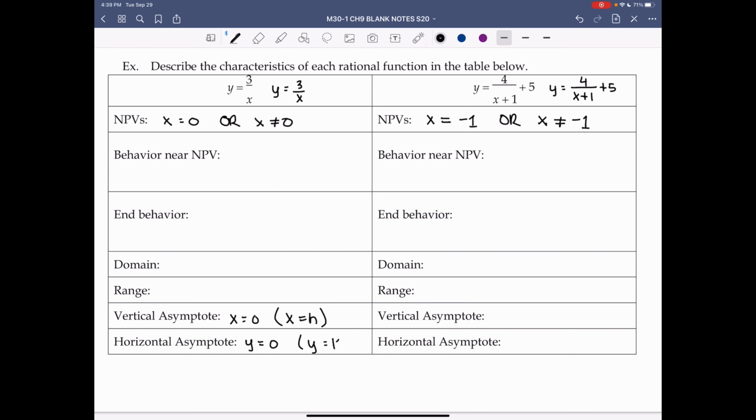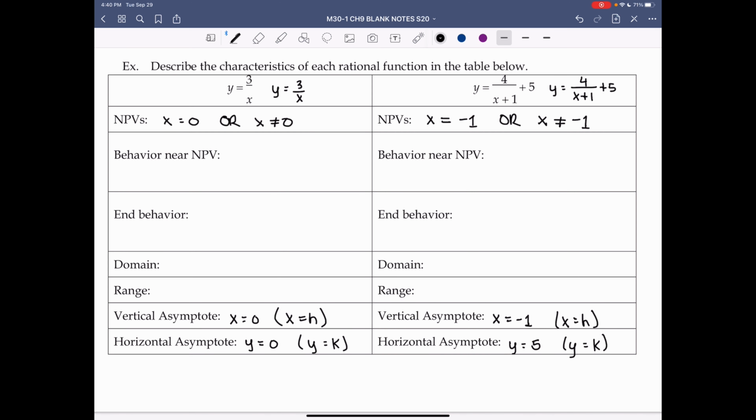For the second function, we have x plus 1, which means h is equal to -1, so our vertical asymptote is x equals -1. Our horizontal asymptote is y equals the k value, which is 5.